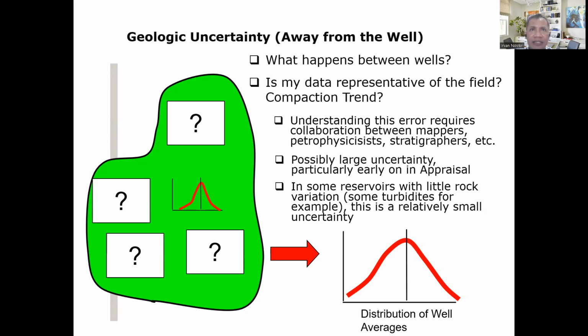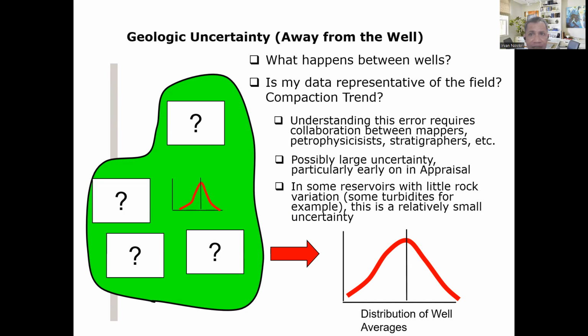When we realize a lack of knowledge about subsurface conditions between wells in an oil or gas field, it means we are dealing with geologic uncertainty. It raises questions about the representativeness of available data and the presence of factors like compaction trend. Understanding and quantifying this uncertainty requires collaboration among various disciplines: mappers, petrophysicists, stratigraphers.